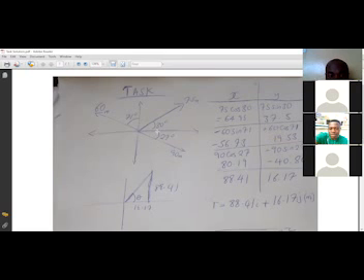This one again now is with the horizontal. So that's the reason why there we have used cos again.